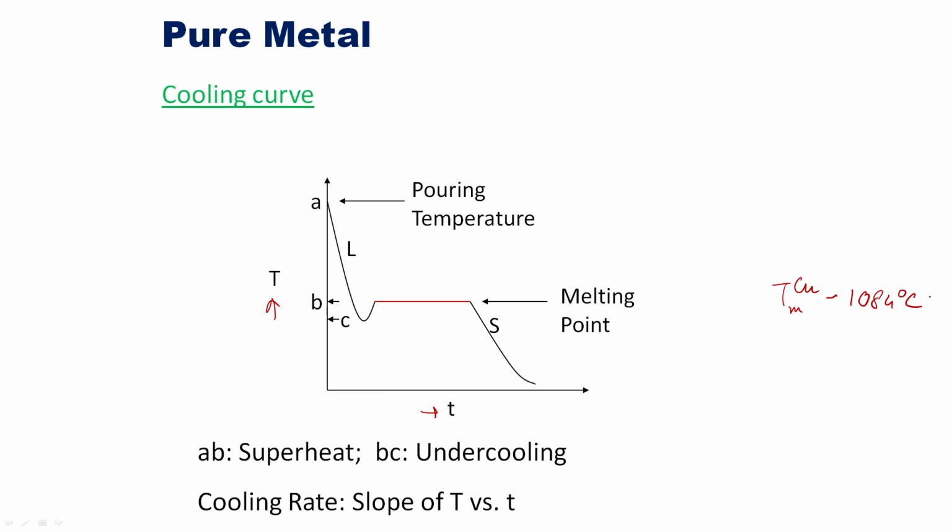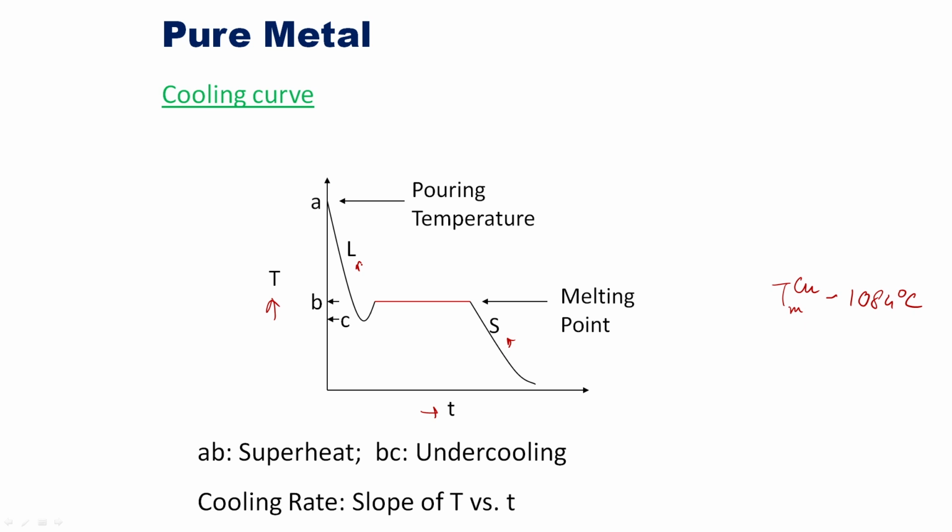But you see at that temperature, still nothing is going to happen. Temperature still goes down, so it reaches point C. Then the temperature increases again to point B, and it remains constant for a large length of time. Finally, it decreases again. I have marked this part as L, this part as S.